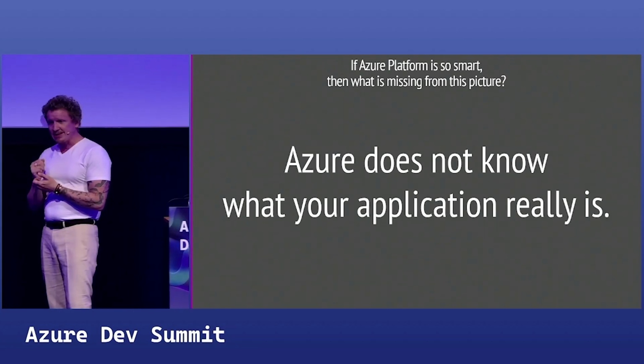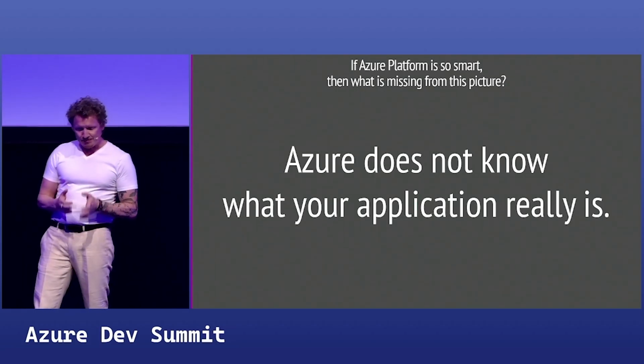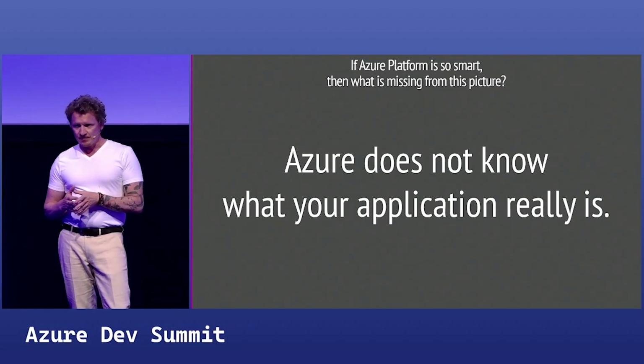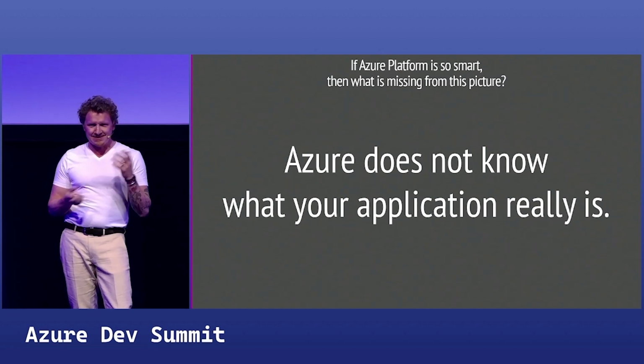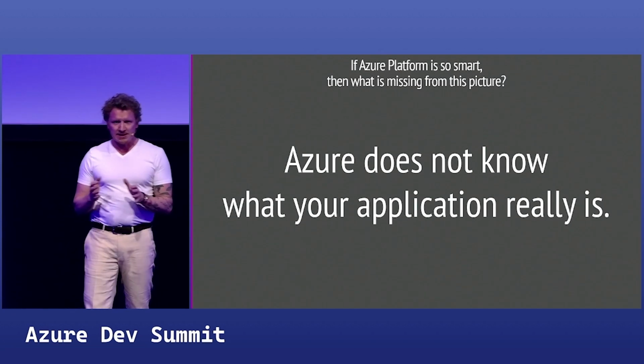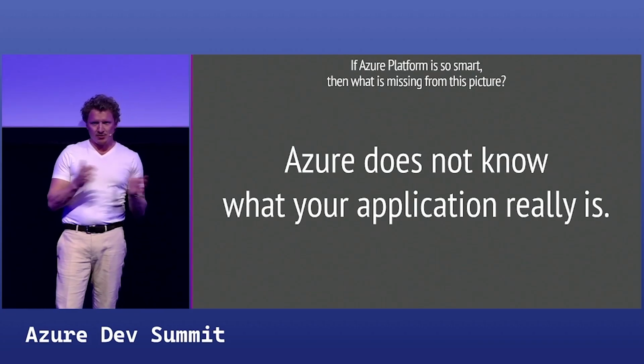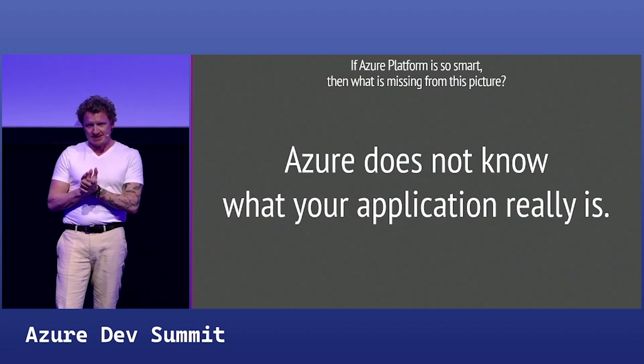Azure does not actually know what your application really is. There's no mechanism. Yeah, sure, there's the application diagrams and things you can do. But seriously, to Azure, your resources are resources. They lack context. They don't know what your application is. And that's the thing that is changing.